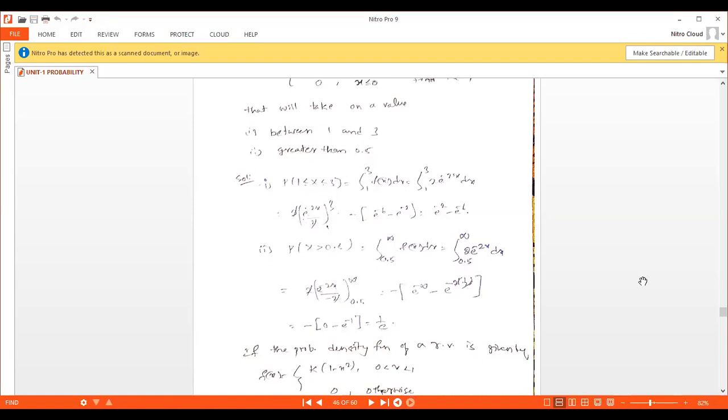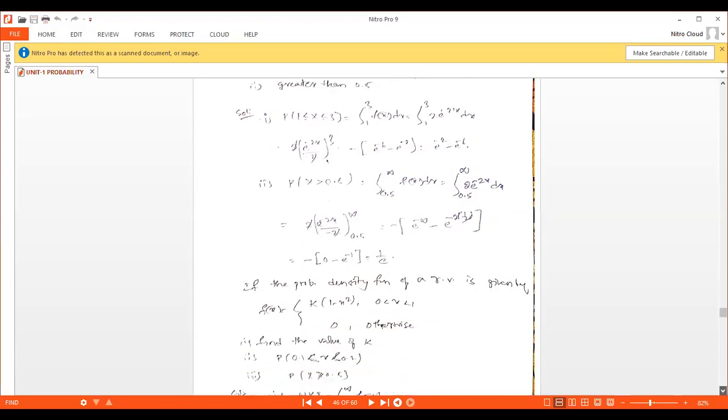Your answer is 1 by e. So in this problem we solved the probability values between 1 and 3 and probability of x greater than or equal to 0.5.